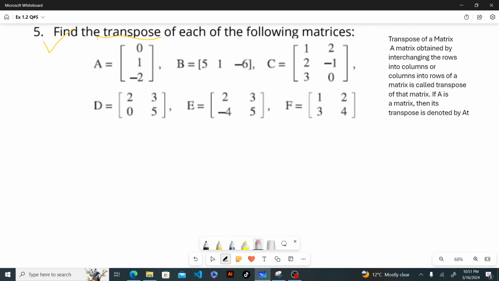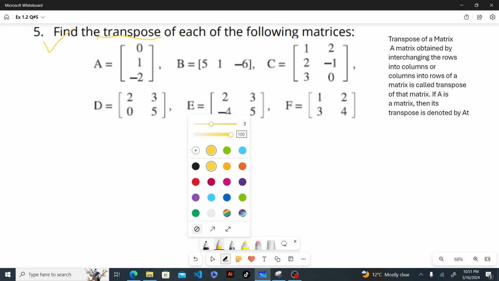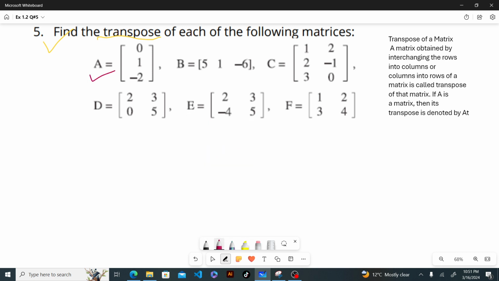Here, let's do this. We will write 0, 1, minus 2 as A transpose.